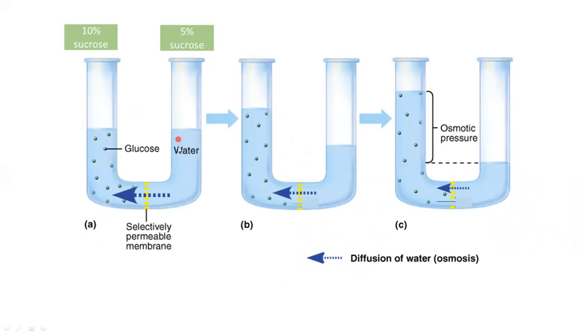This is a tube whose right side has only 5% sucrose and 95% water, and in the left side 10% sucrose is present and 90% water. So the water will tend to move across this selectively permeable membrane along the concentration gradient like this.